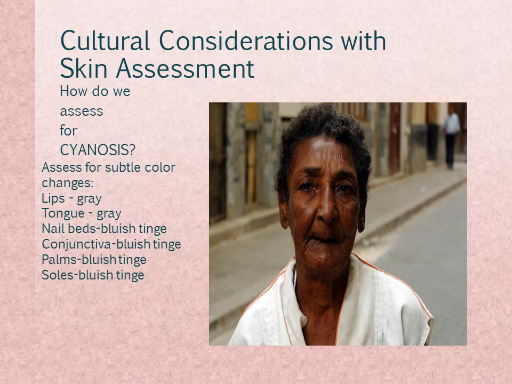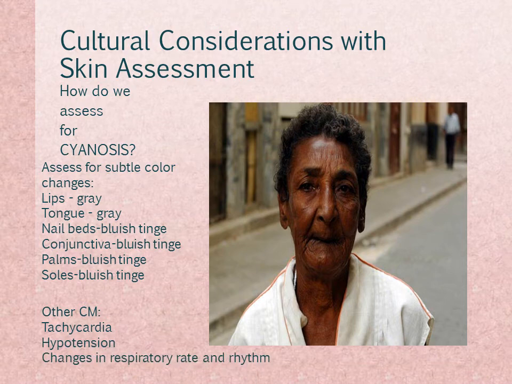And then you will also assess the palms and the soles and whether they have a bluish tinge. Other clinical manifestations of cyanosis can be tachycardia, hypotension, changes in respiratory rate and rhythm, and changes in level of consciousness.